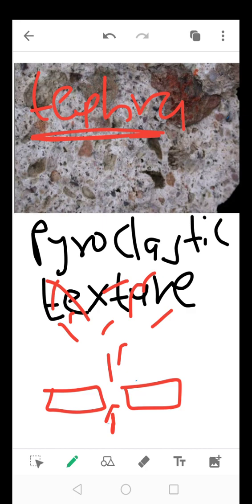So a pyroclastic rock is a rock that was formed when the unconsolidated materials called tephra underwent welding, compaction, and deposition.